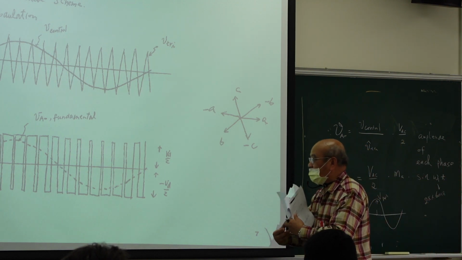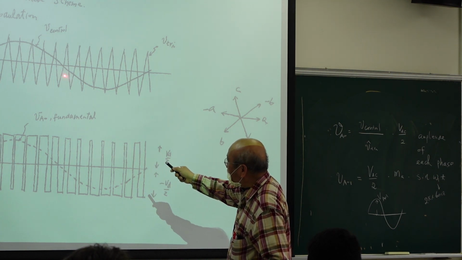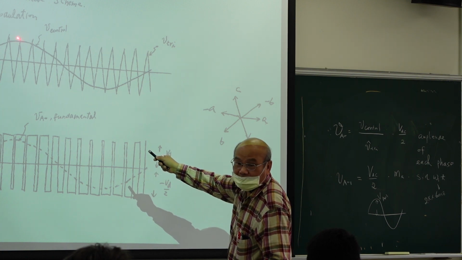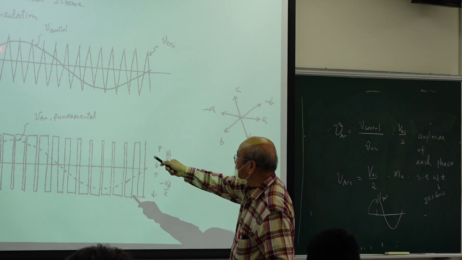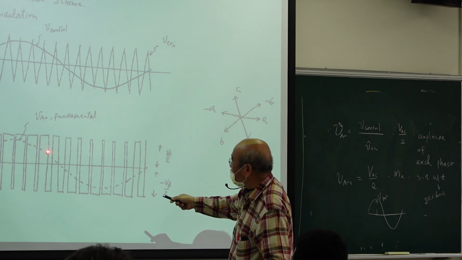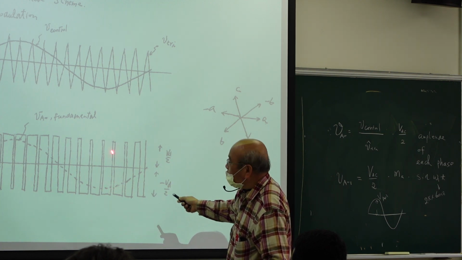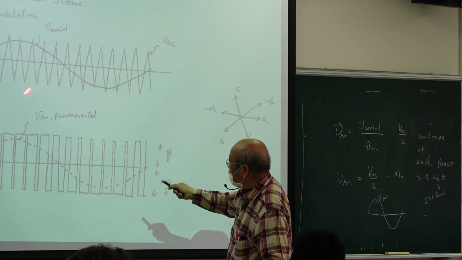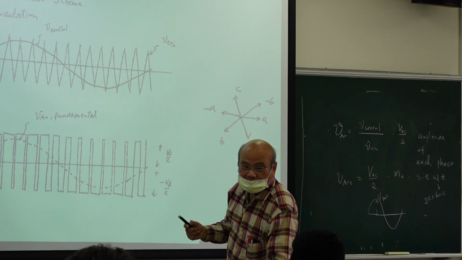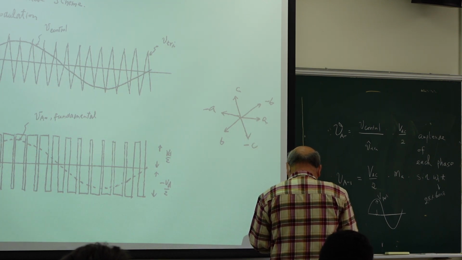If we put the sinusoid higher, then output becomes higher. But the sinusoid cannot go over the triangular, right? So if the ratio is 1.0, then I can get maximum output. If the ratio is half, then output is half. We also can control the frequency because we can change the frequency of the sinusoid. Then we can change the frequency of the output. So the idea is very clear.